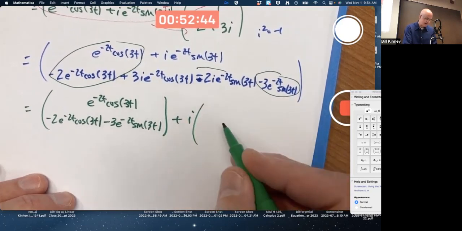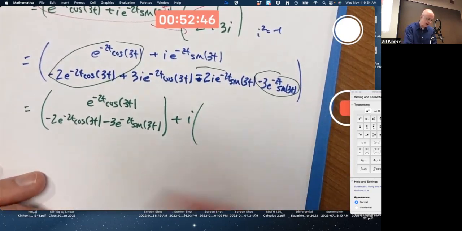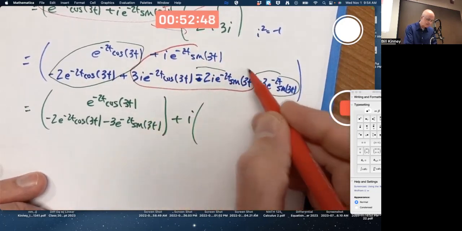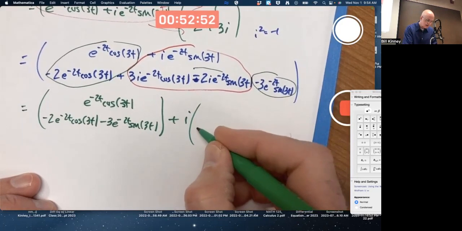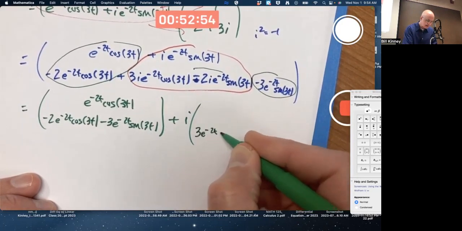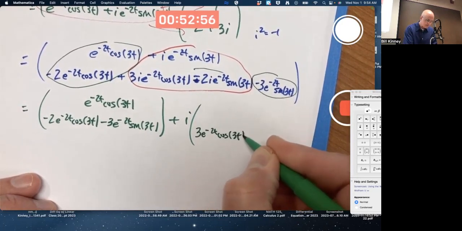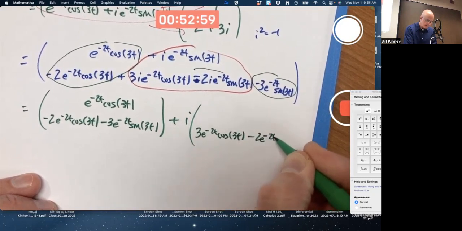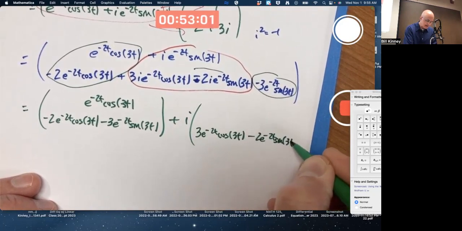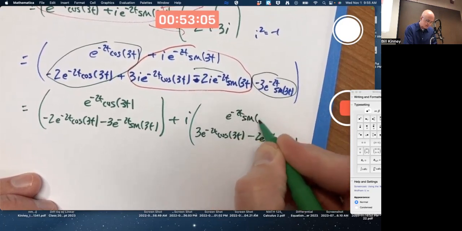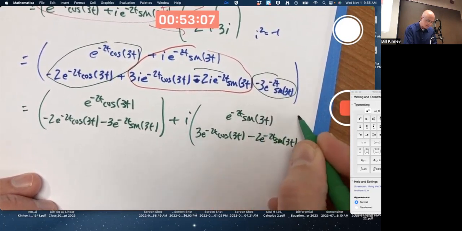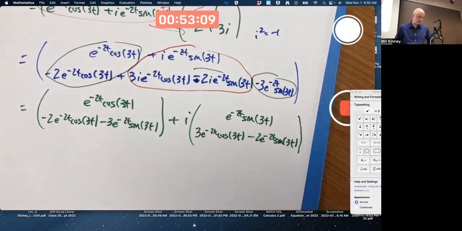I factored out the i. The things that involve i are these things, but I factored the i out in front. And once again, if you took the derivative of the first component, you would get the second component.